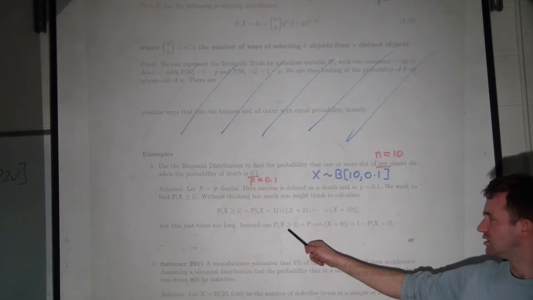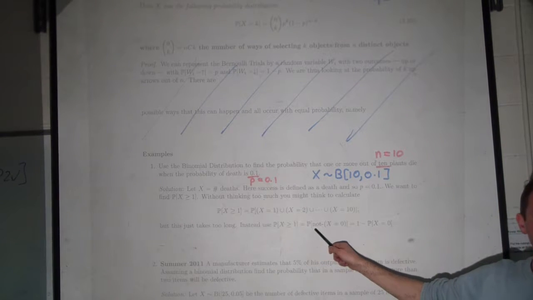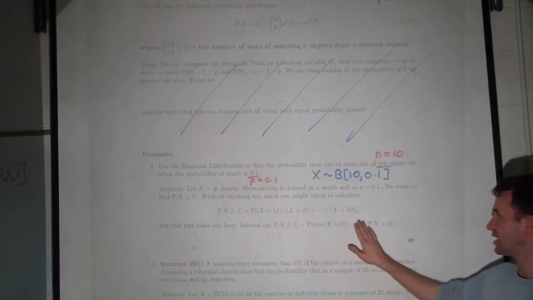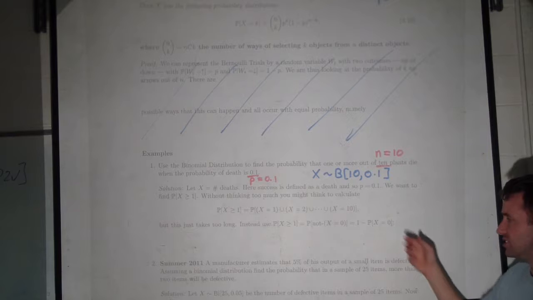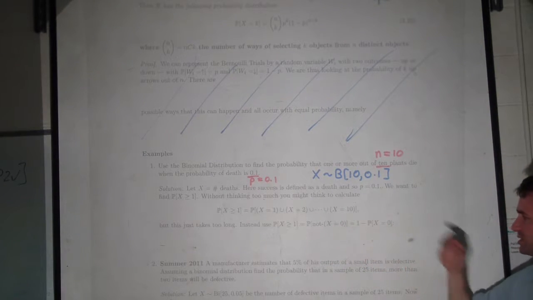So you could find the probability that none of them die. That's set up here. Instead of saying you've 1 or more, you can say it's not 0. You could calculate the probability of 0 of them dying and then take it away from 1, or else say the probability of not 0 is 1 minus the probability of 0.